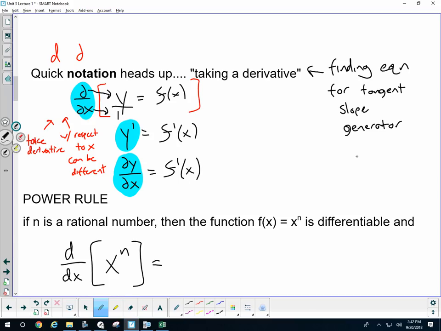In math, what does this delta, this triangle, mean? Change, like an overall change. Well, guess what this d is going to represent? Change. But not an overall change over an interval. It will represent an instantaneous change.